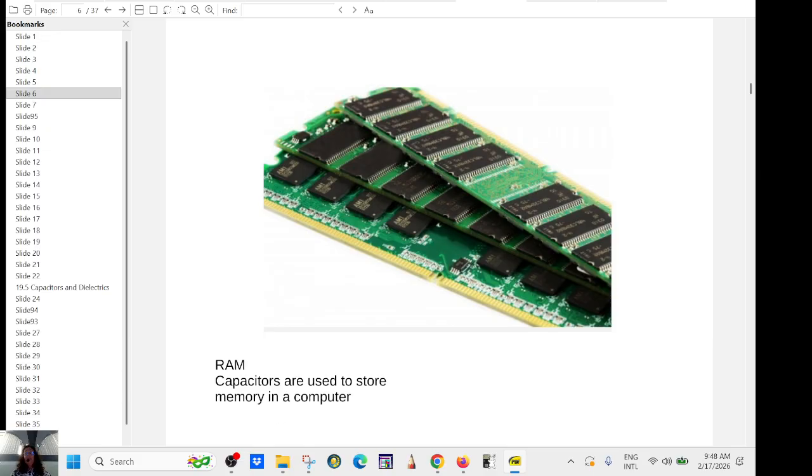So you have a lot of applications. You can use that as RAM, random access memory, because you can have the capacitor charged or not charged. Charged is 1, not charged is 0, 110011110. You can hold information.